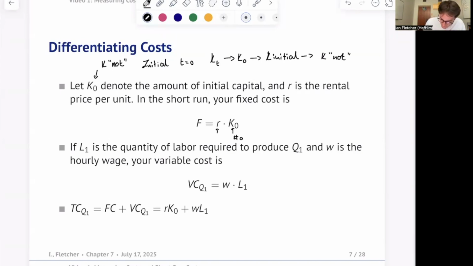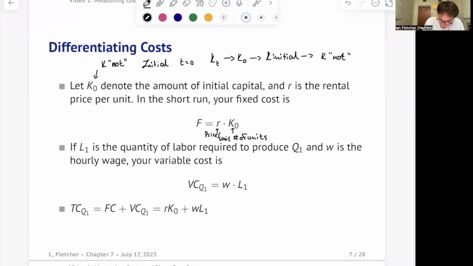So this would be the number of units, and this would be the price per unit. And so our fixed cost is just going to be how much it costs for each. Now, let's say that L1 is the quantity of labor required to produce an output Q1, and W is our hourly wage.